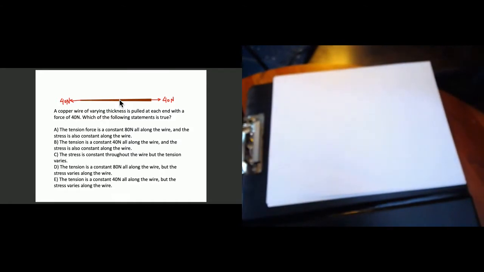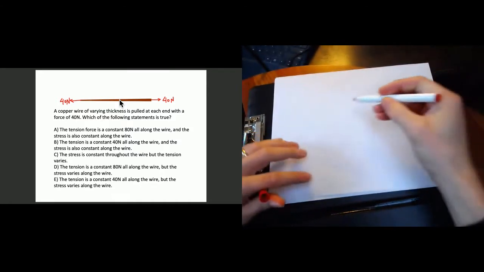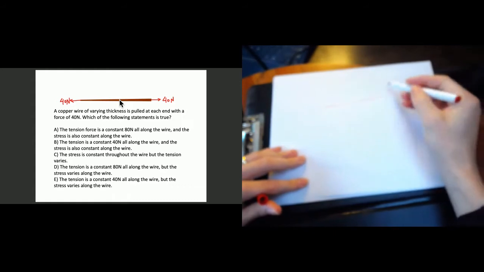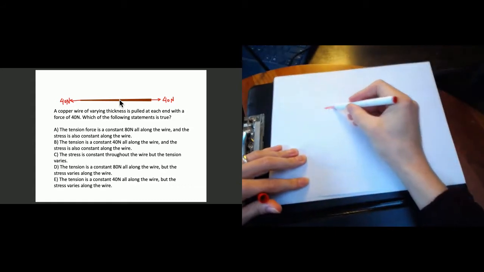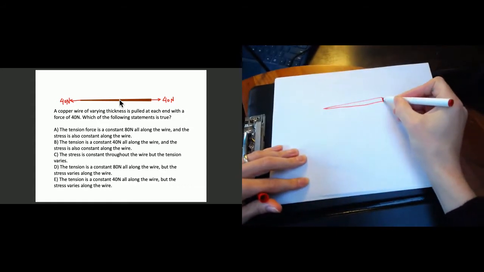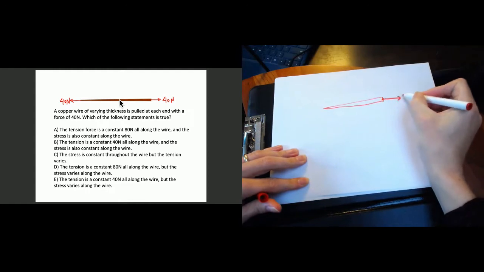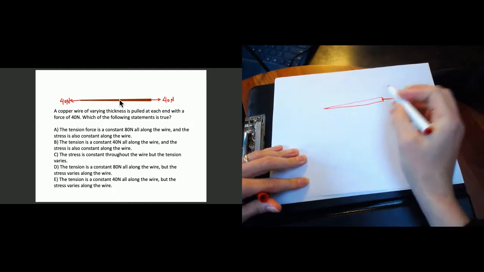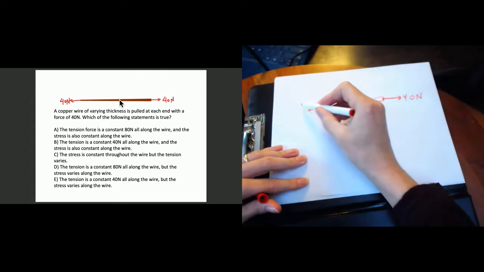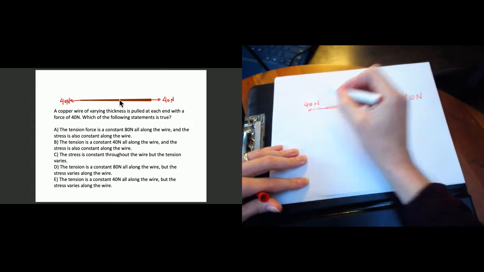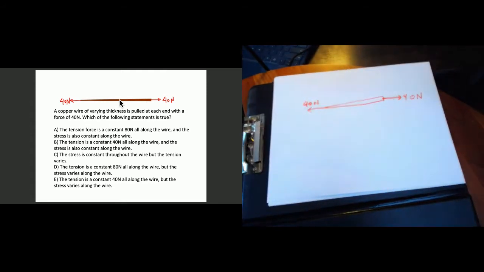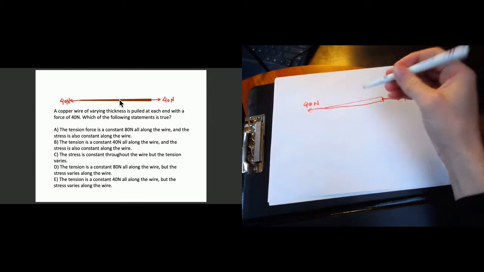Okay, so I'm going to answer the question. Let's draw a picture to start out with where we have our wire. We have our 40 newtons on one end. We have our 40 newtons on the other end. And I want to start by just going from the definition of tension.